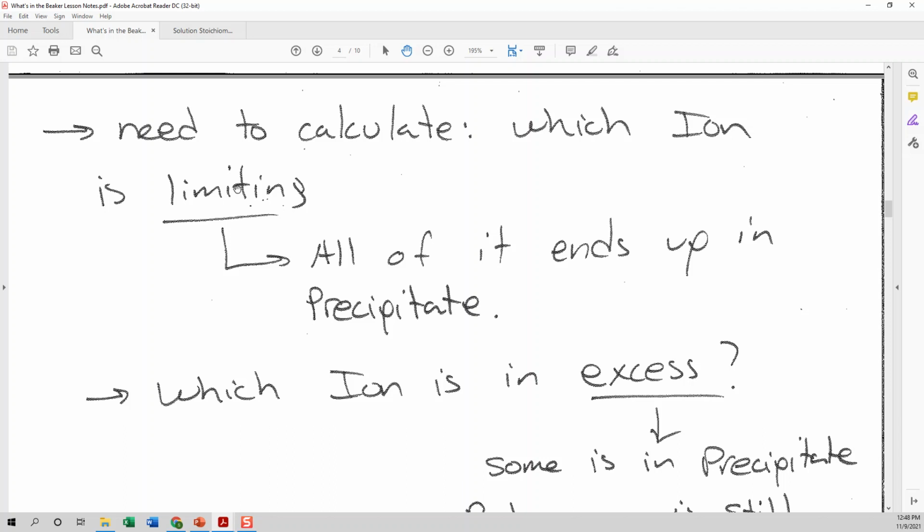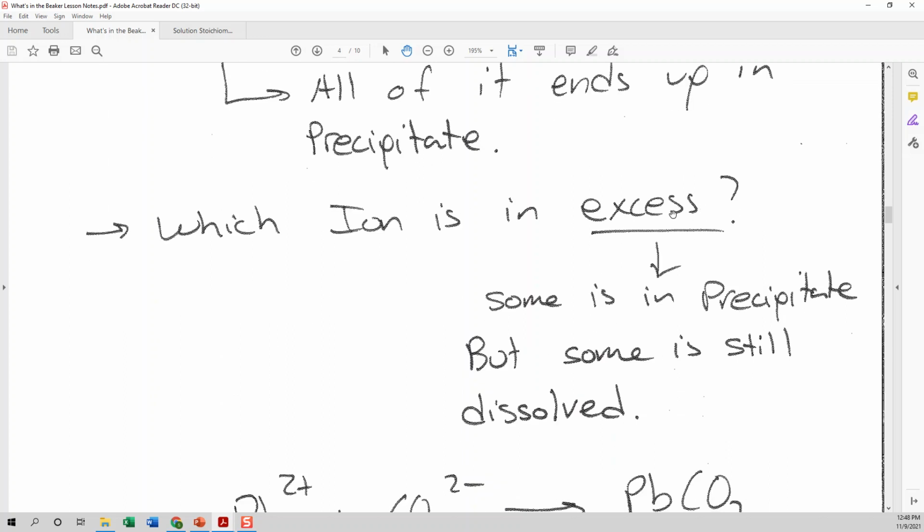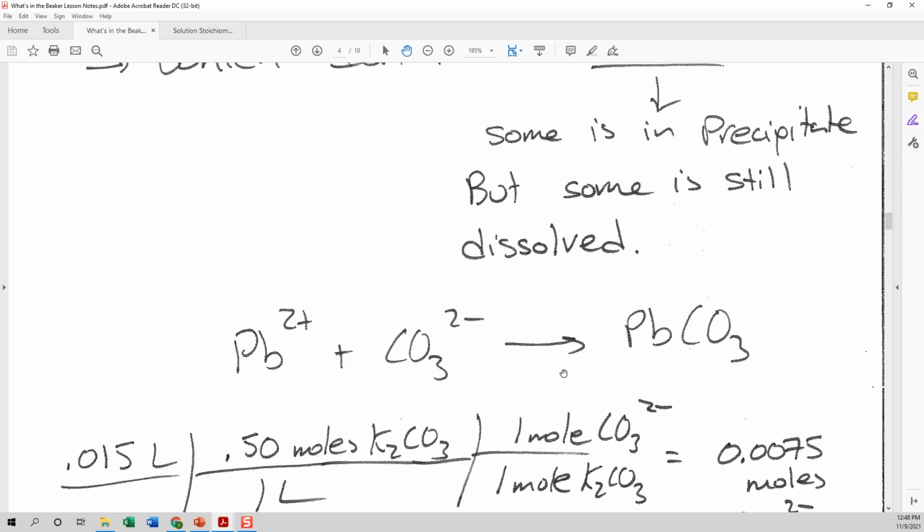All of the limiting reactant ends up in the precipitate. So that means all of the limiting reactant is no longer dissolved, right? There's no longer dissolved ions of the limiting ion. But the excess ion, most of it ended up in the precipitate probably, but there's still some that is dissolved, okay?